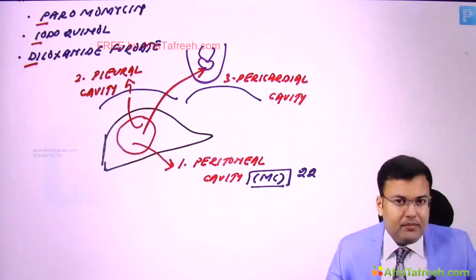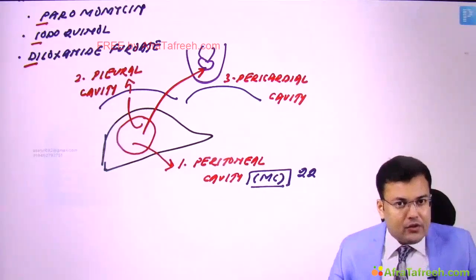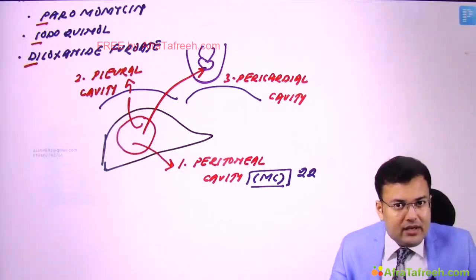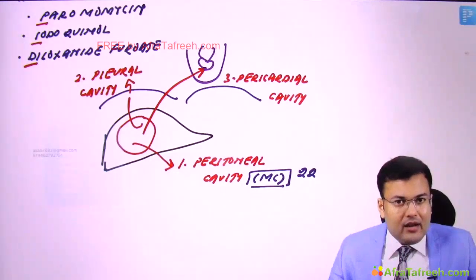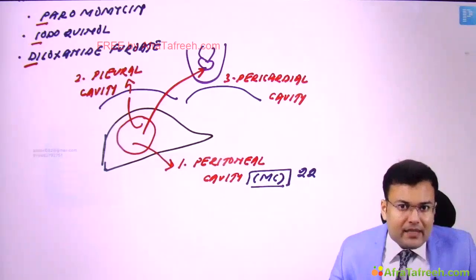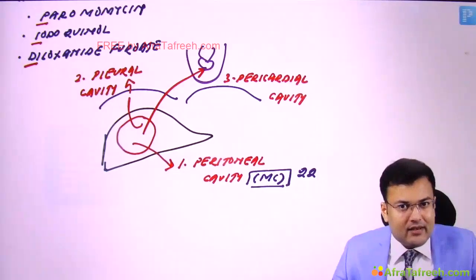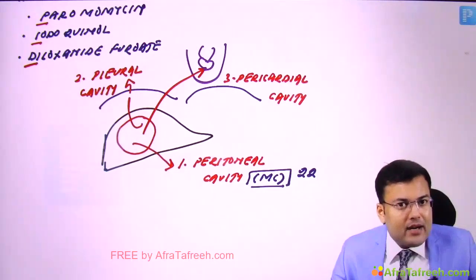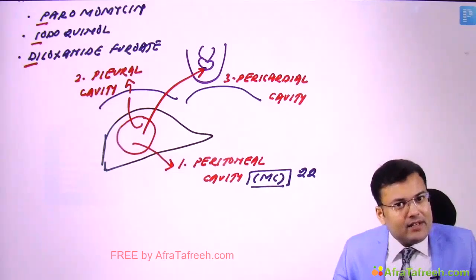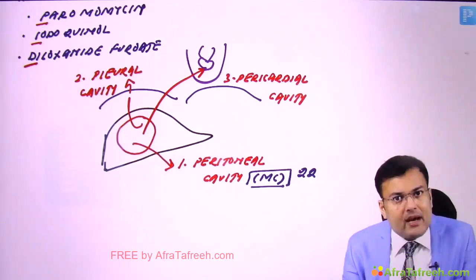And whenever this abscess cavity is going to rupture into pericardial cavity, it's an emergency. So first of all, we are going to insert a needle into pericardium and aspirate. If we aspirate something with the help of needle, this is known as centesis. So what we are going to perform? Pericardiocentesis. And after that, we take the patient to OT and we perform pericardiotomy.